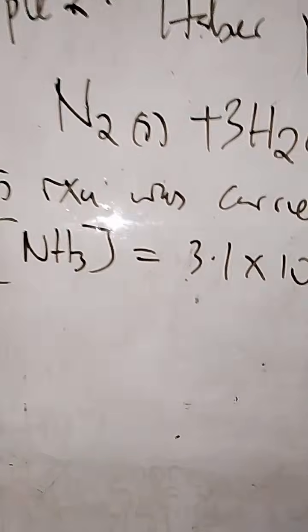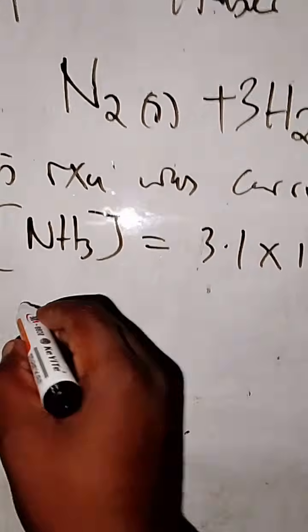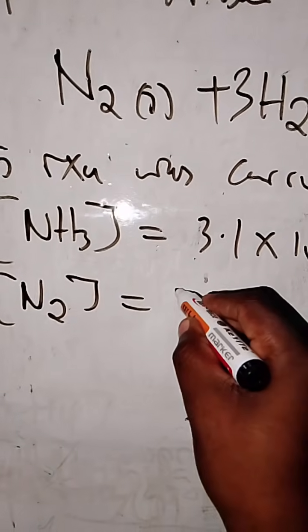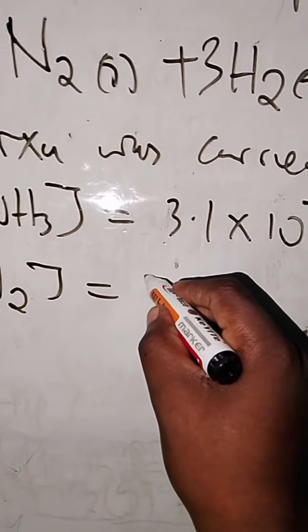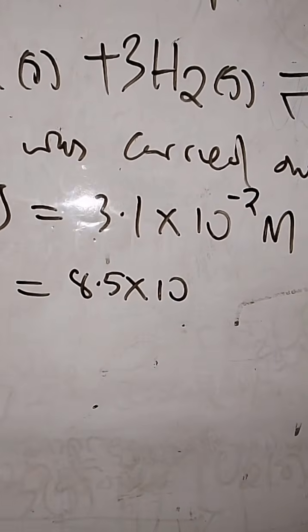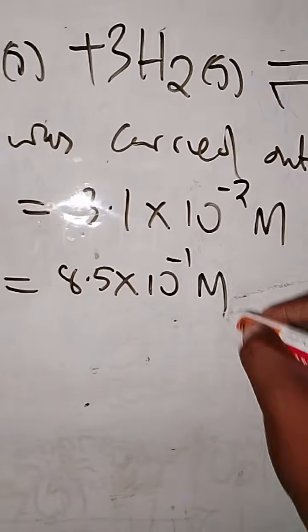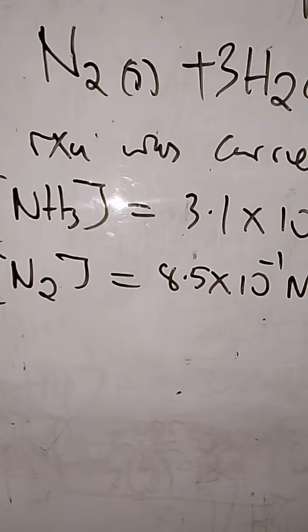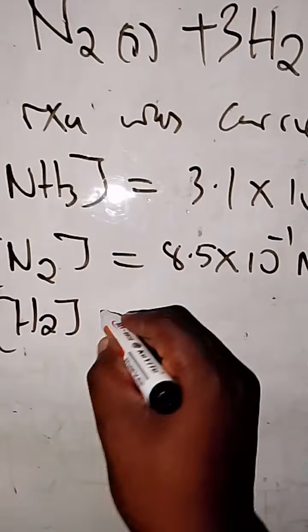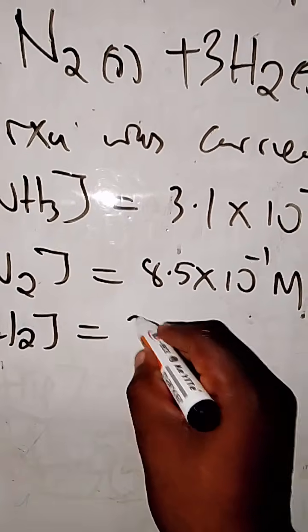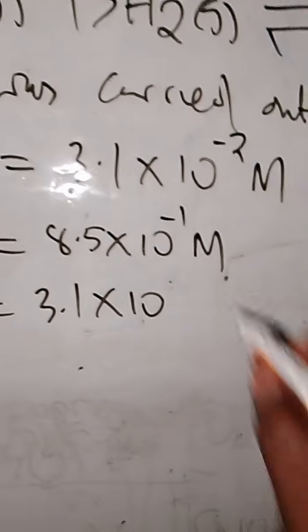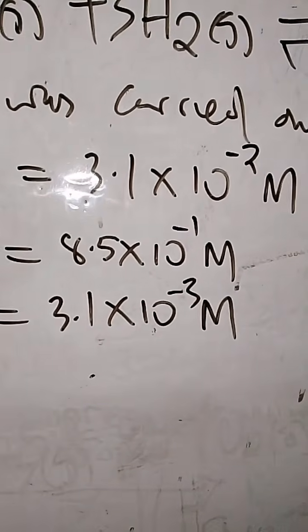The concentration of nitrogen is equal to 8.5 times 10 to the power -1 molar. The concentration of hydrogen is equal to 3.1 times 10 to the power -3 molar.